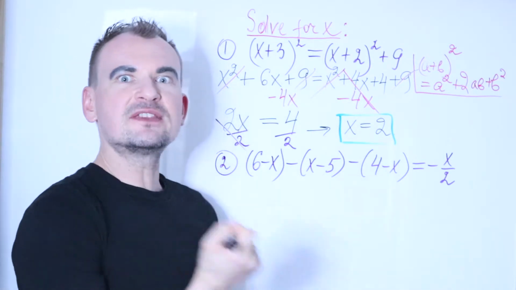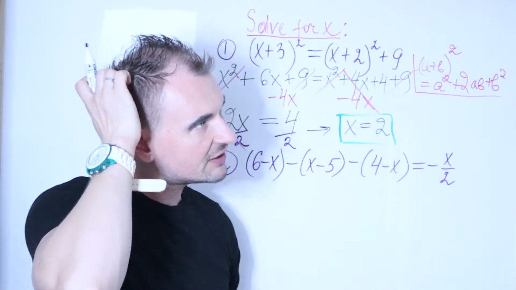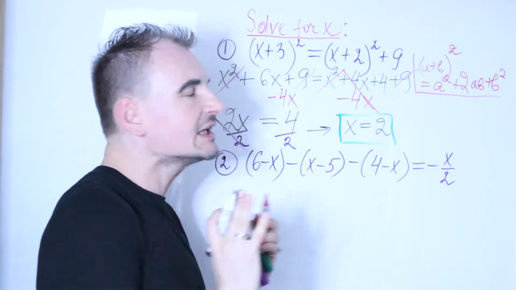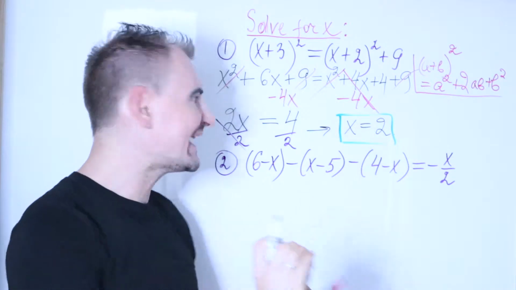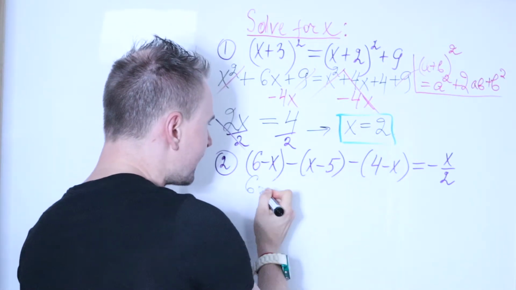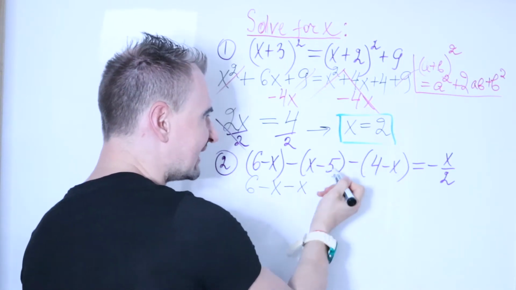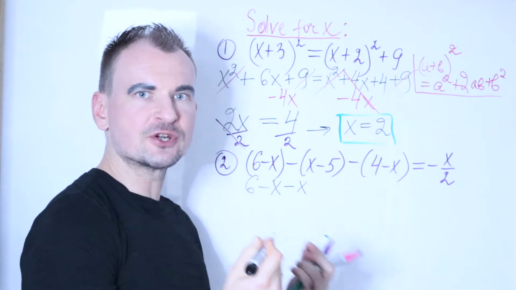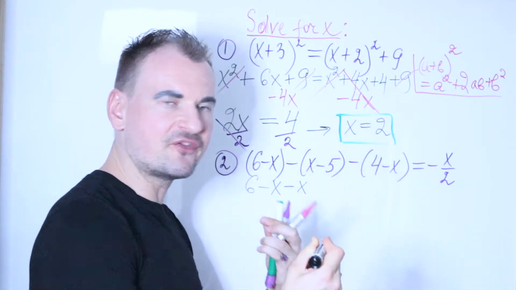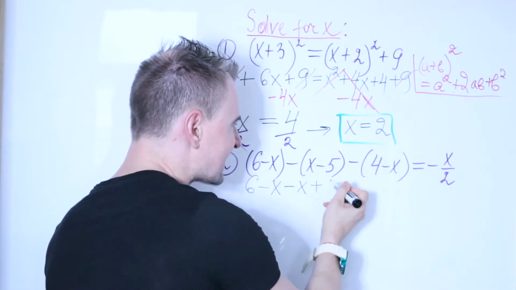It has to be done with exceeding care, since you have a negative sign in front of the parentheses. Keep in mind that the sign in front of the term has to be flipped. So flip the sign. So negative x plus 5.